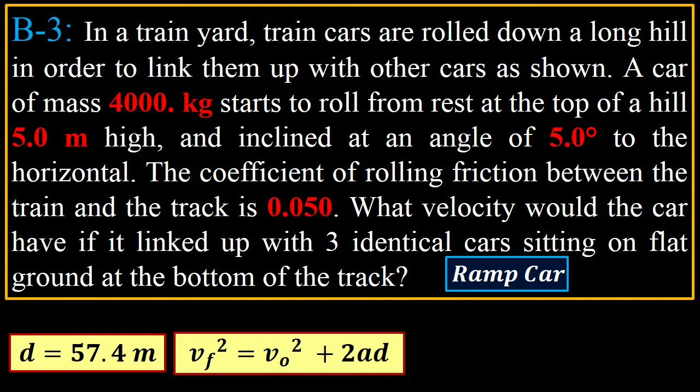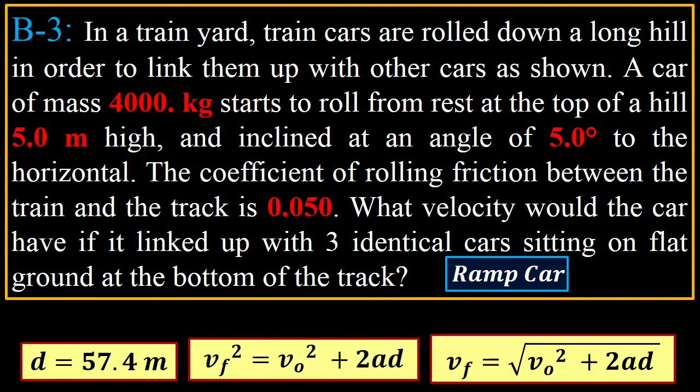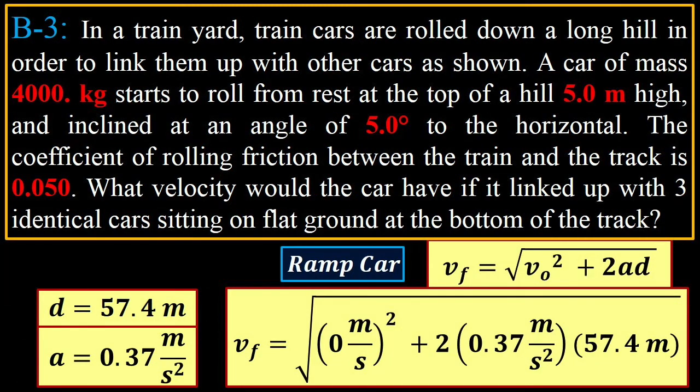So let's wait for that and just talk about the momentum. Now, I have the final velocity. So the sum of the initial momenta will be the mass of the single car times whatever velocity we come up with, plus the mass of the 3 cars times the velocity, which is 0, so that cancels out, equals the total momenta final, which will be the mass of the 4 cars times the velocity of the 4 cars, which we're going to calculate.